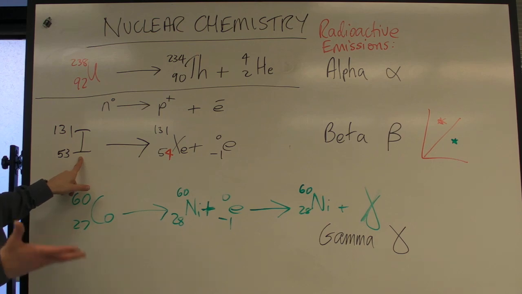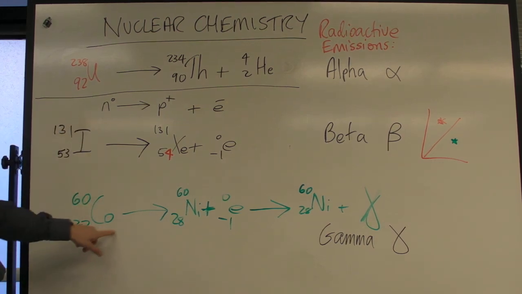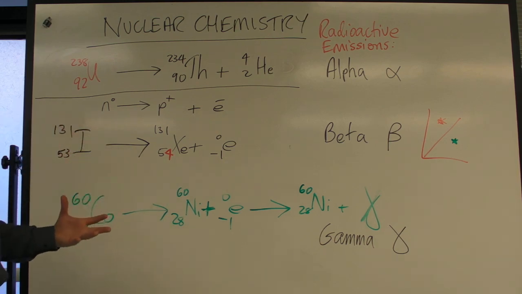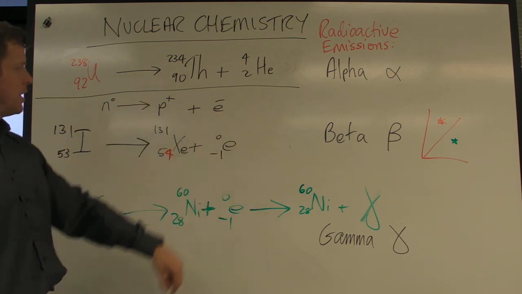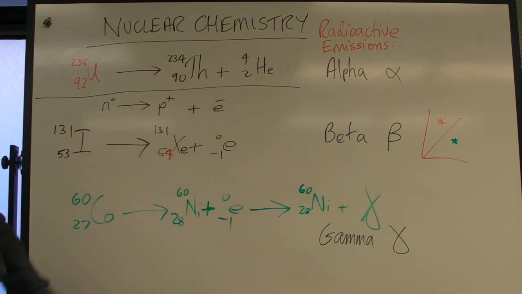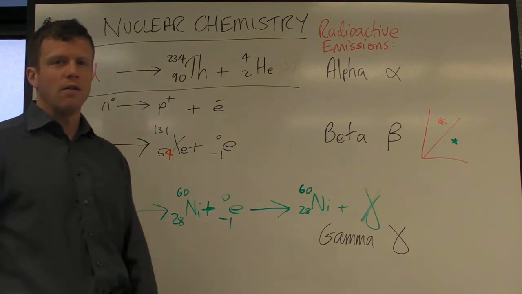Iodine, not all iodine is radioactive, but some isotopes are. Same with cobalt. So to become more stable, there's a change in the nucleus, and that can take on different forms. It could be losing an electron. It could be forming a positron. So slightly different versions of nuclear emission.